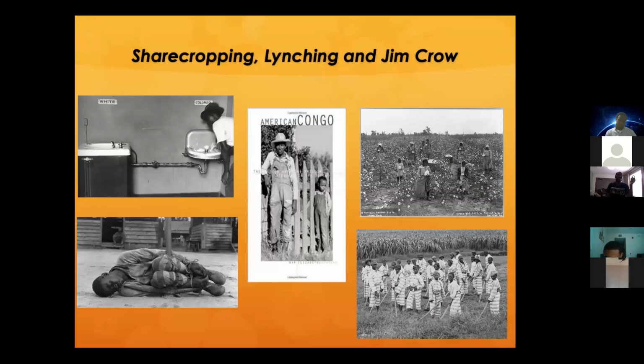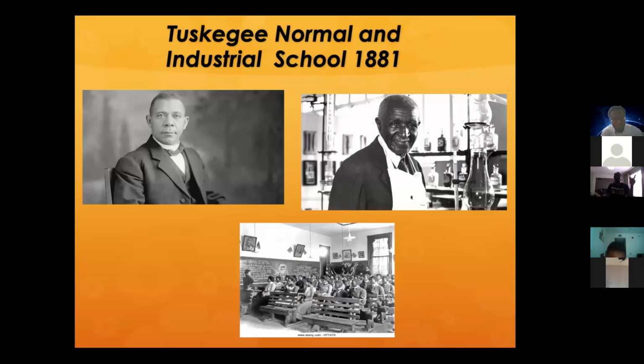So we link industrialization to sharecropping and lynching and Jim Crow and political disenfranchisement. This is kind of given the long history, and then Black response, the evolution of HBCUs and approaches to STEM within the context of historically Black colleges and universities, right?